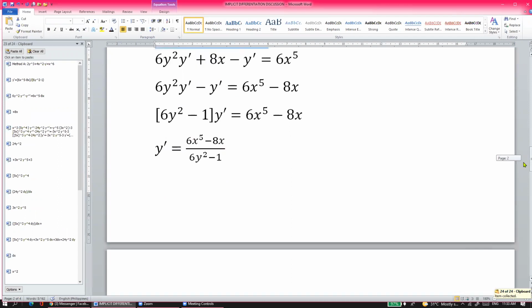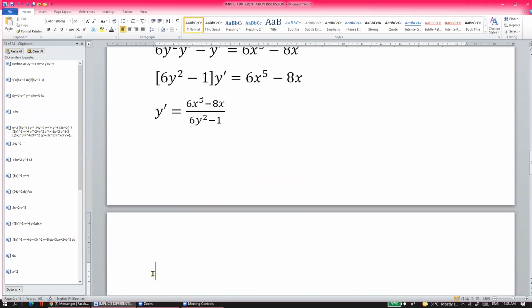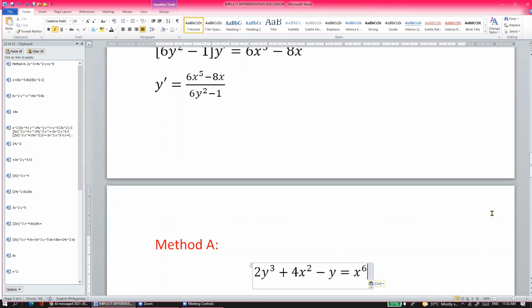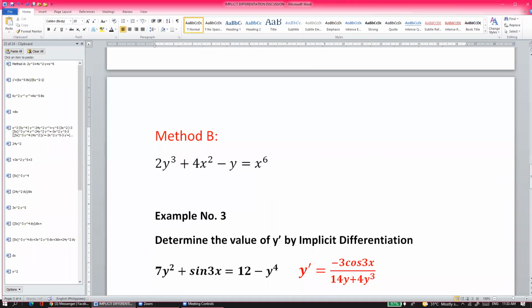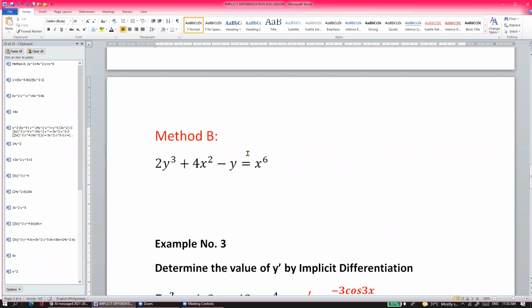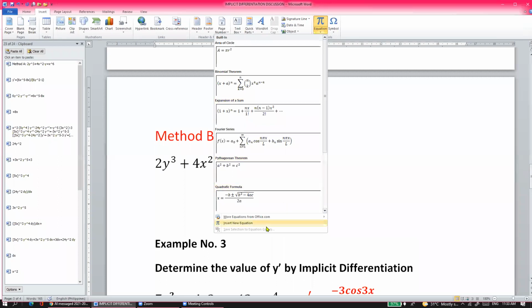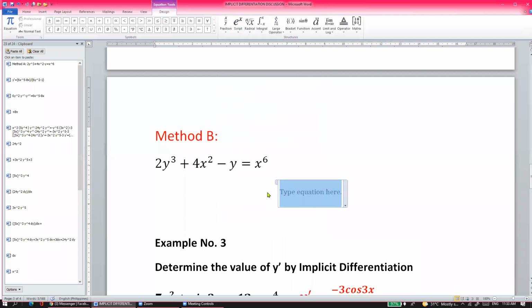So, sa method B, ganito lang kadali yan. Kailangan we will be arriving with the same answer, no? Okay. If we will apply method B, look at it. If I will apply method B, what will be the derivative of the first term? 6y squared dy.